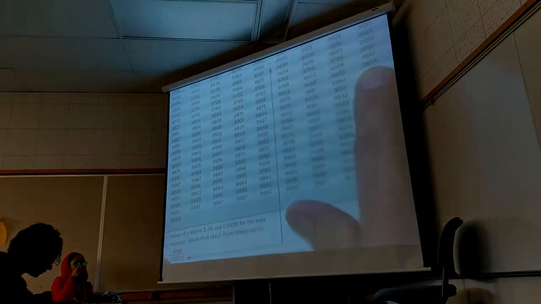So let's all do this. This is the first real thing we've got. So 2.1. You guys see 2.1? 8. 2.18. There you go. You guys get that? 0.9854.